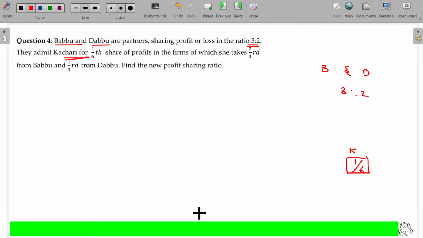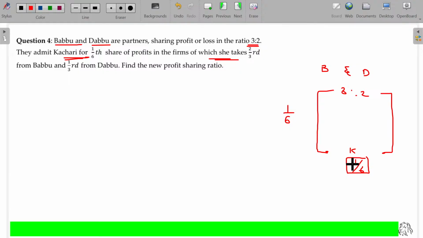Incoming partner's sharing value is also given, of which she takes 2/3 from Babu and 1/3 from Dabu. So K's value 1/6, you know. K says I need 1/6.